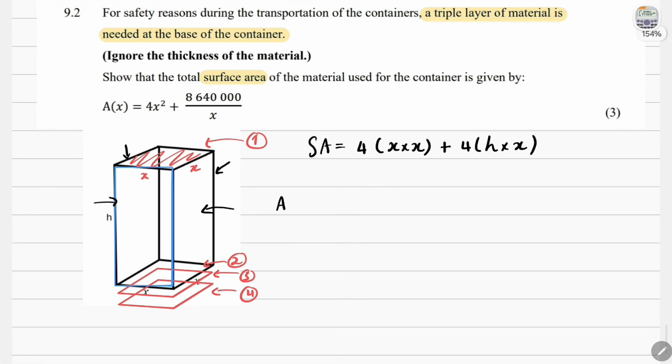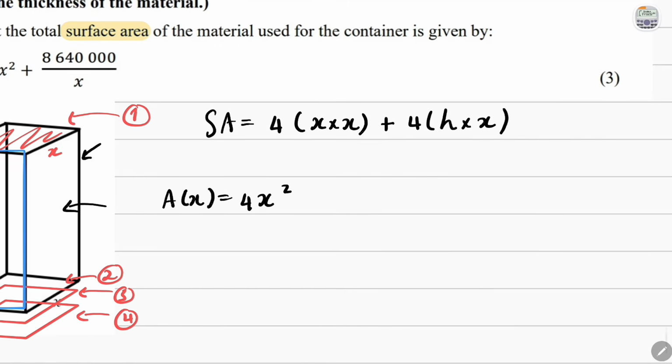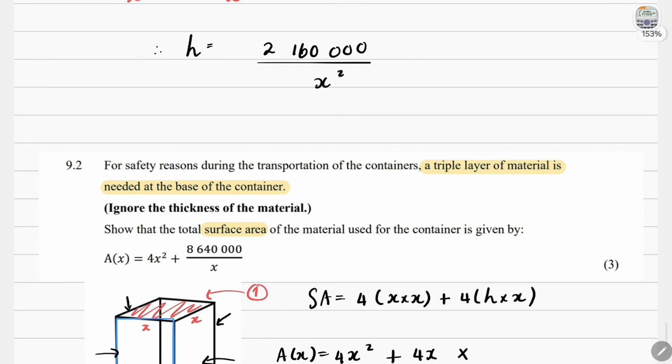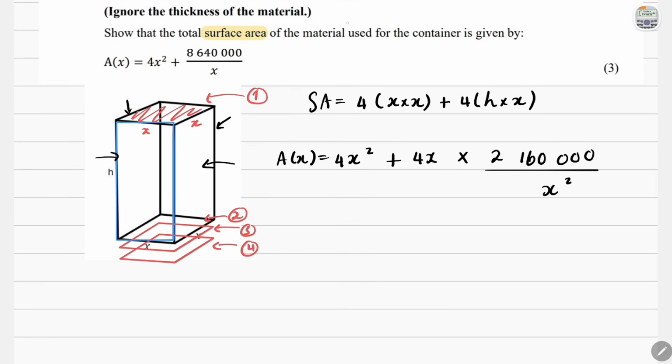So we can finally call this A of x is equal to, and this will be 4x squared. And then, you see, that's not 2 terms. It's 1 term. It's going to be xh. So let's rewrite this as, because we know we're substituting in place of h, 4x multiplied by the h, which is this number, 2 million and then that, and we just have to simplify this.